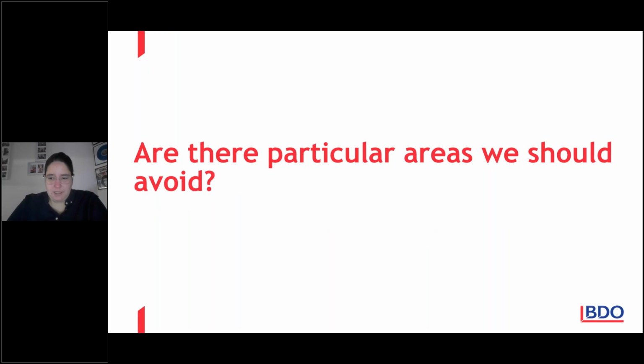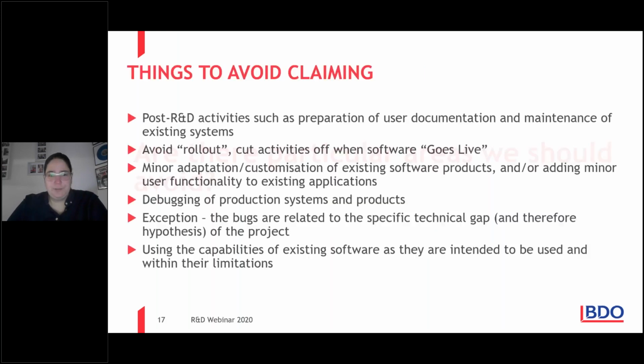Are there particular areas we should avoid? Again, this one can become a bit challenging because it's not always obvious where you draw the line on the R&D being completed when it comes to software.